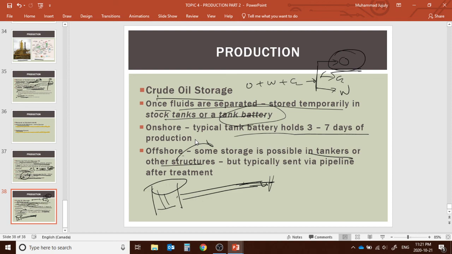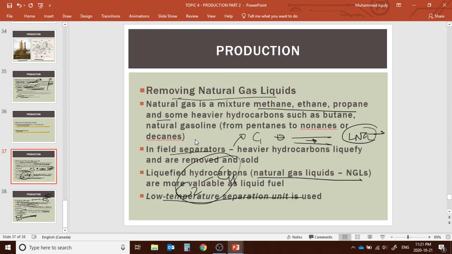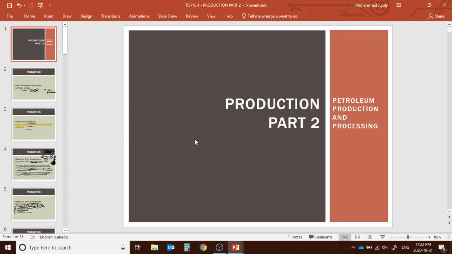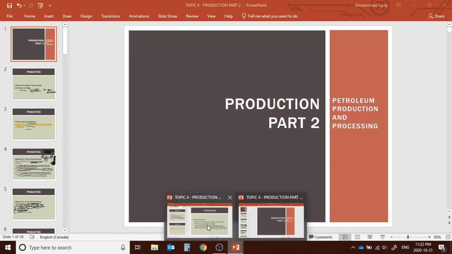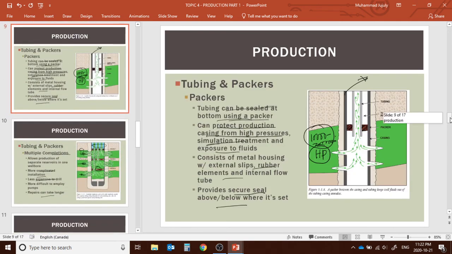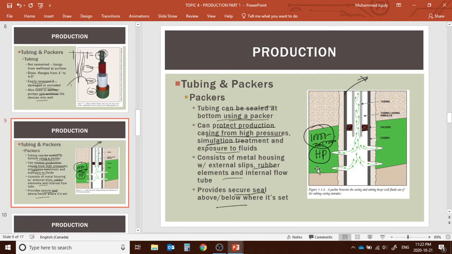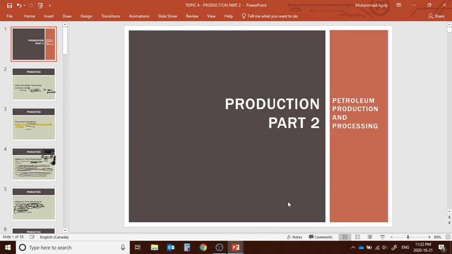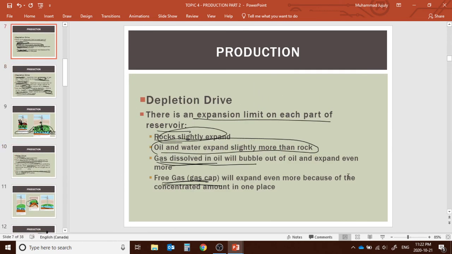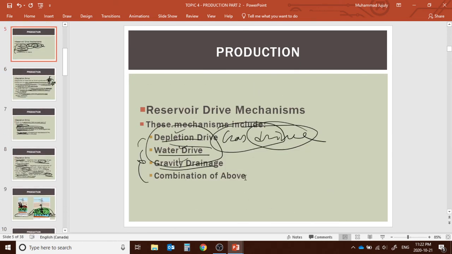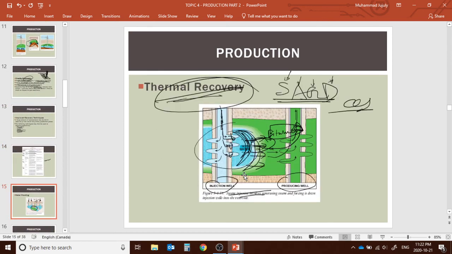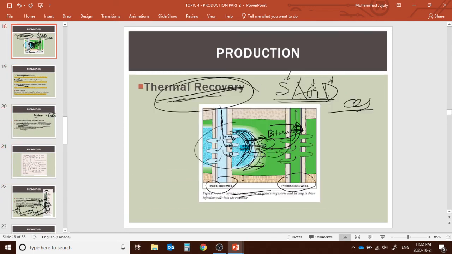So in today's class we learned quite a bit about production: how production works, how we take the reservoir fluids out to the surface, the reservoir mechanisms, whether natural or if we have to use enhanced recovery or artificial lift.